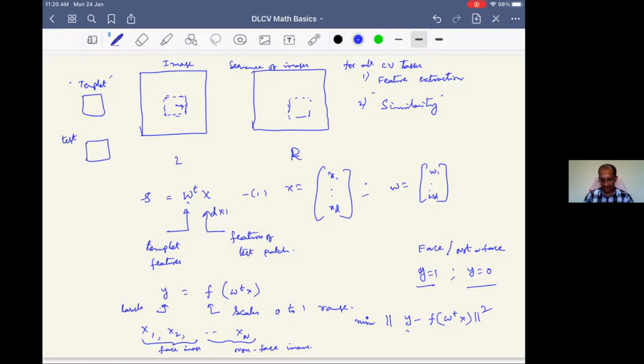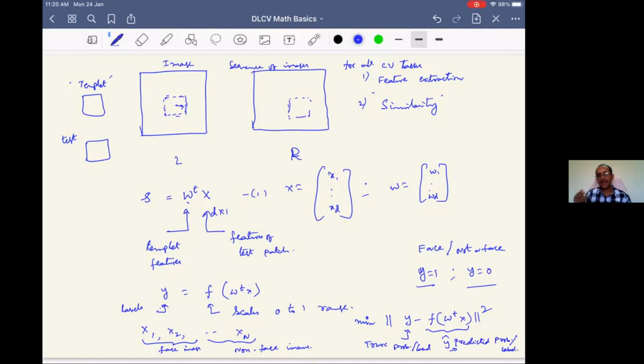Okay. So given this context, what has to happen? We minimize effectively the discrepancy between the true label Y and the predicted probability or predicted label Y hat. So you can also consider this as the true probability or label, and this as the predicted or estimated probability or label.